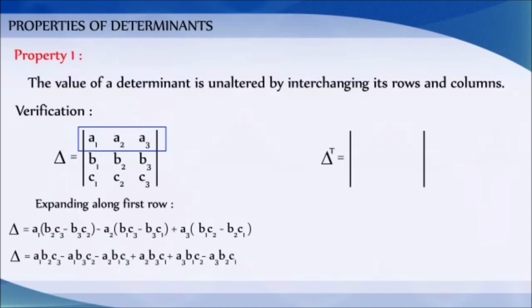Now, interchanging the rows and columns of the determinant, we get the determinant as A1, B1, C1, A2, B2, C2 and A3, B3, C3.